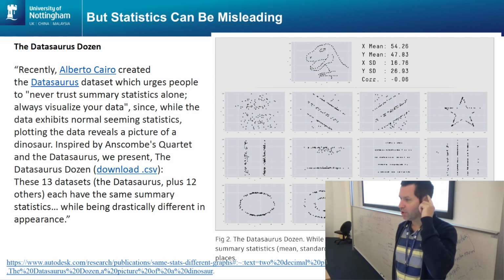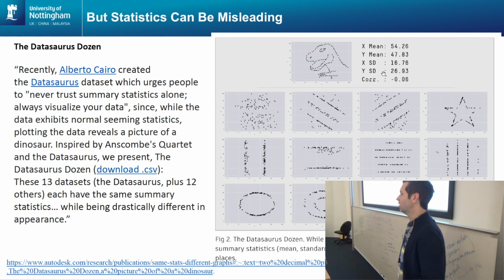And you can compute some statistics on those points, right? You can compute a mean value along the x-axis. You can compute a y average along the y-axis. You can compute the standard deviation along the x-axis, and the standard deviation along the y-axis.